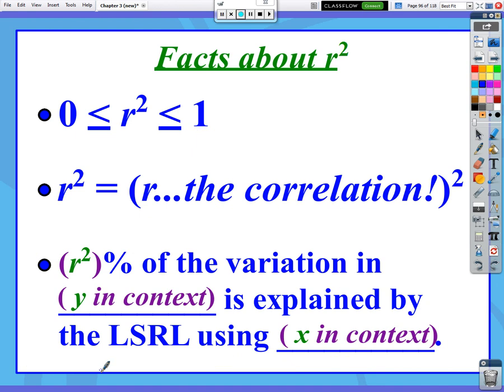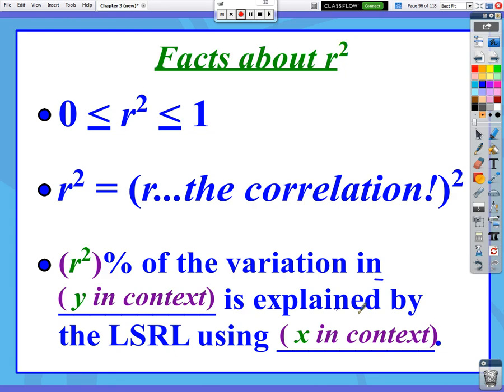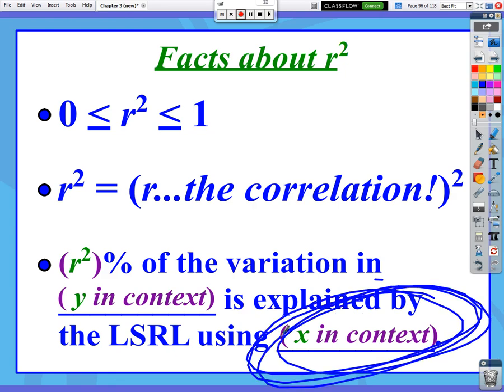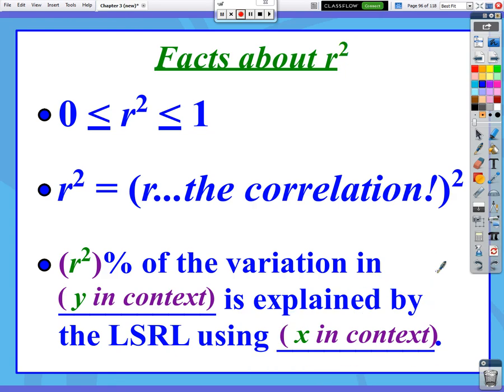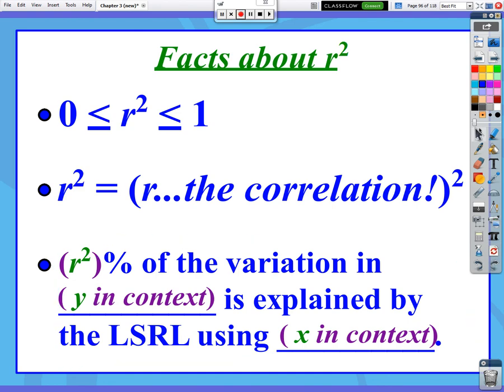Once you have that percentage or proportion value, the r squared is the percent of the variation in whatever y is, whatever you're trying to predict, that is explained by the regression line using what are you using to make predictions? What is your explanatory variable? So just like we've been interpreting slope and the y-intercept, this is the third main thing that you will need to know how to interpret by the end of this chapter.